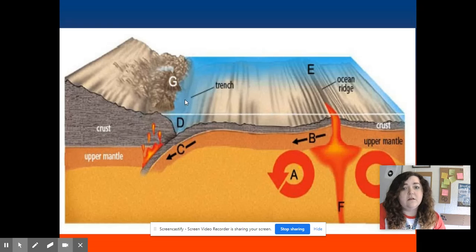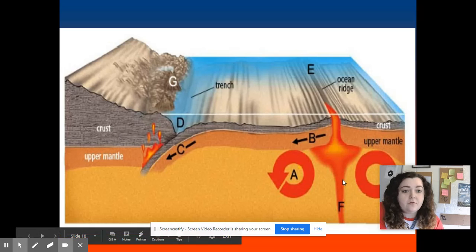And then D, this is way back in our oceanography unit. What is this deep thing right here called? D is this deepest part of the ocean floor. This is going to be called a trench. It's also labeled right here. D is the trench. And then for E, what do we call this? This is where your new oceanic floor is forming. E is going to be your oceanic ridge.